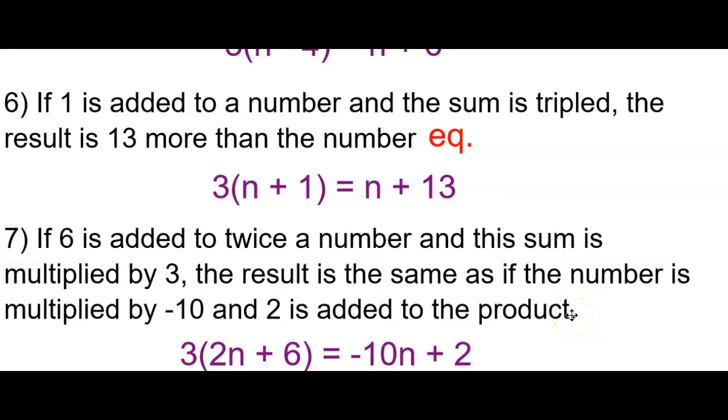This was by far the most difficult one. So 6 is added to twice a number. That would be what's inside of my parentheses. This is then being multiplied by 3. The result is the same as if the number is multiplied by -10 and 2 is added to that product.